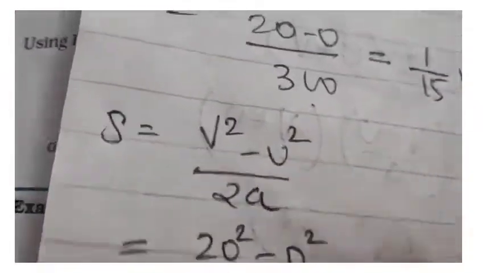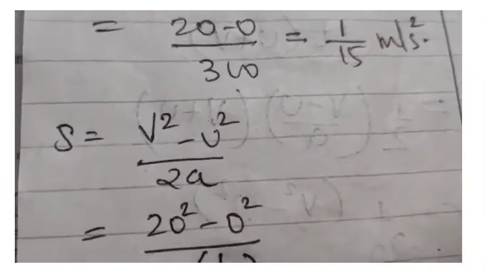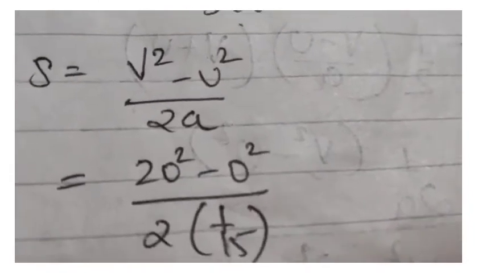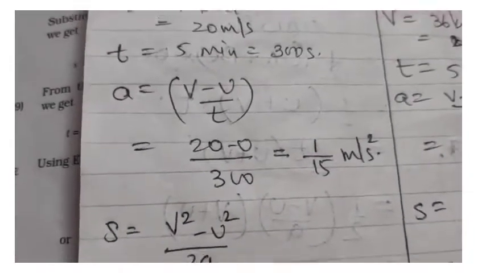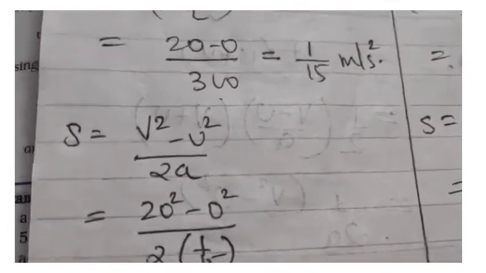Next you have to find the distance, position. So for position you can use any formula. S is equal to ut plus half at square, or S is equal to v square minus u square upon 2a. I have taken v square minus u square upon 2a. V value is 20, U is 0. So 20 square minus 0 square upon 2 into 1 by 15, which is already calculated.